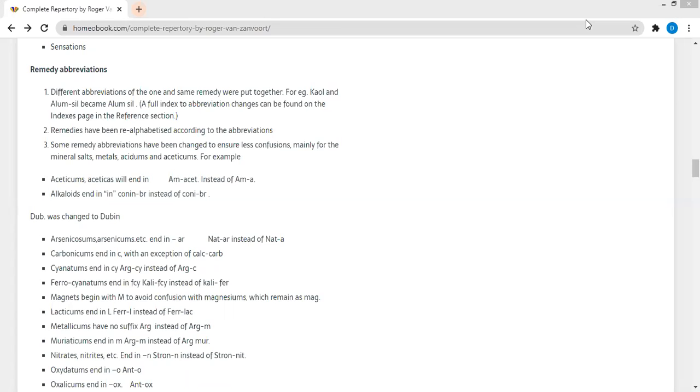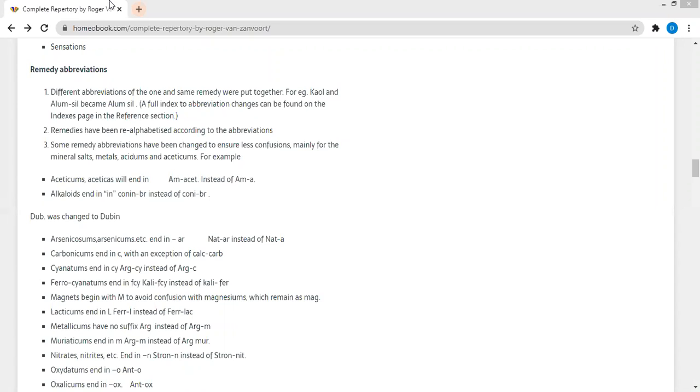A full index to abbreviation changes can be found on the index pages in the reference section. Remedies have been re-alphabetized according to the abbreviations. Some remedy abbreviations have been changed to ensure less confusion, mainly for the mineral salts, metals, acidums, and aceticums.